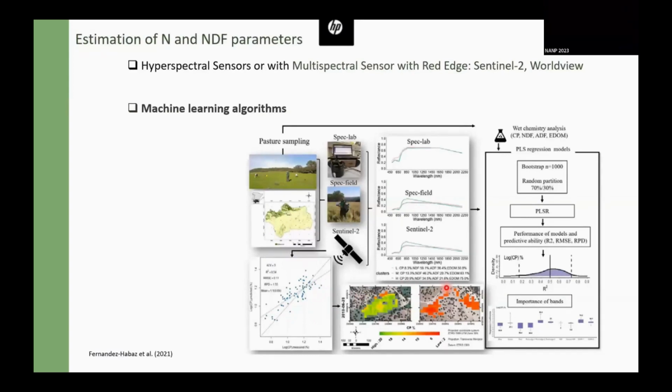Usually those models use machine learning algorithms because the input features need to be all the spectral reflectance. And I expect by the end of the year, we have some data regarding tropical forages.